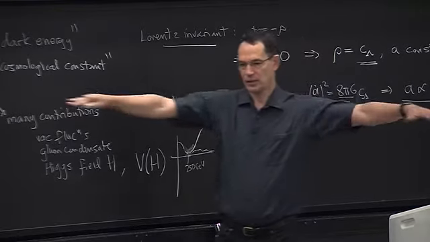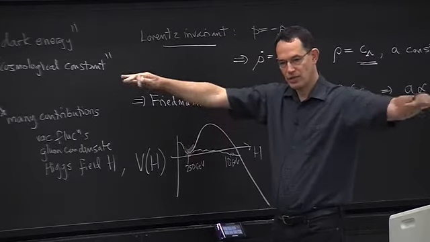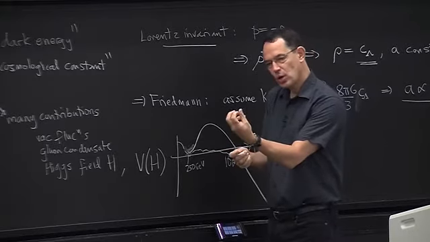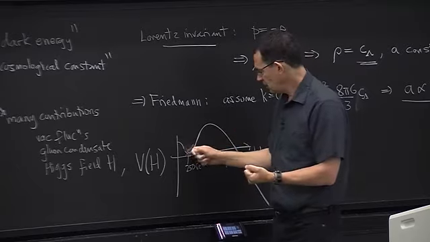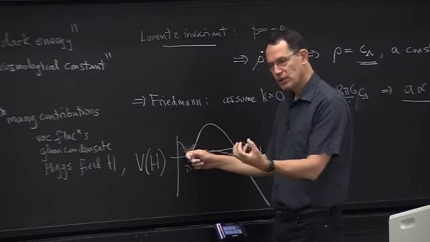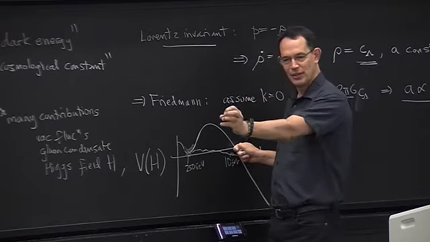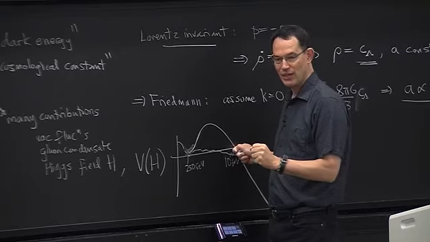Well, if you have a field, and it wants to sit here classically, that's the minimum energy, wants to sit there everywhere in space. Well, what happens is that locally, in one region of space, just at random, the field will quantum fluctuate through the barrier. So you have a little bubble with a little pocket where the Higgs field has a large value.